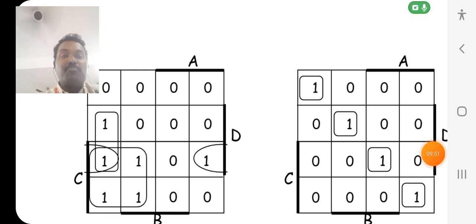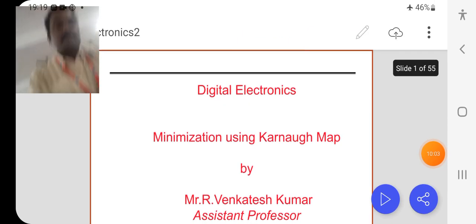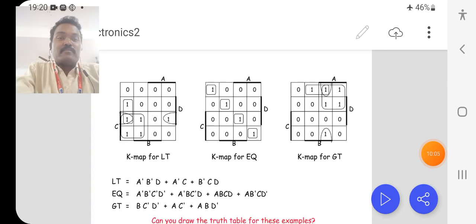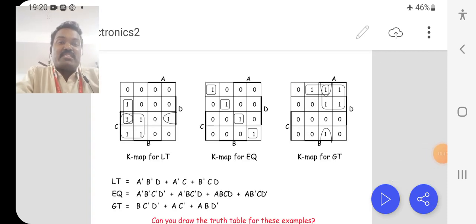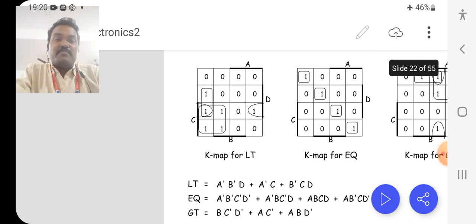So in grouping, the first priority is an octal, 8 adjacent ones. 8 adjacent ones are not possible, so an octal is not present in this K-map.